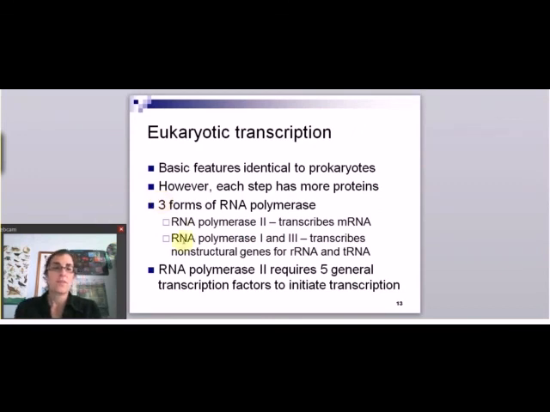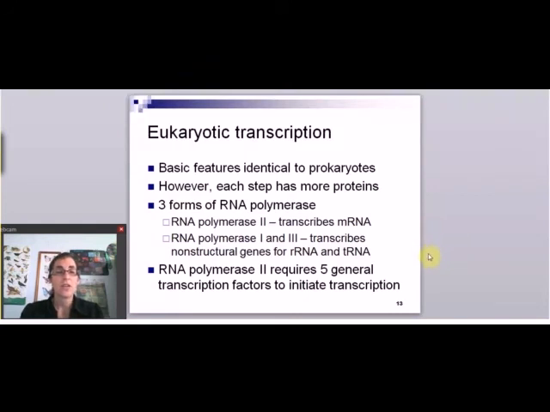I want to end by saying that we were focused on prokaryotic transcription, and eukaryotic transcription is really similar. Just in eukaryotes, we always have more proteins. In eukaryotes, we actually have multiple types of RNA polymerase. RNA polymerase 2 is the main one that's used in eukaryotes.